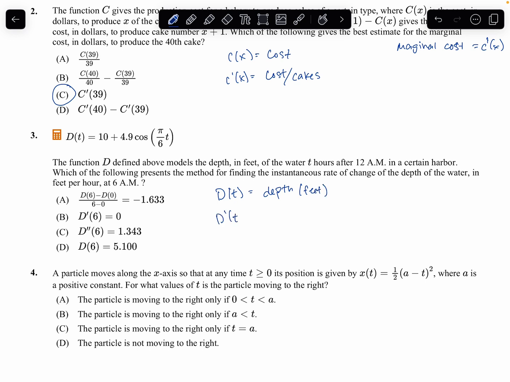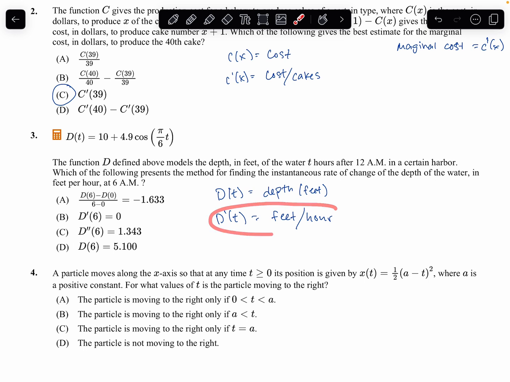D prime of t would be equal to depth per, the units here are going to be feet. And then what does t represent? Hours. Feet per hour.